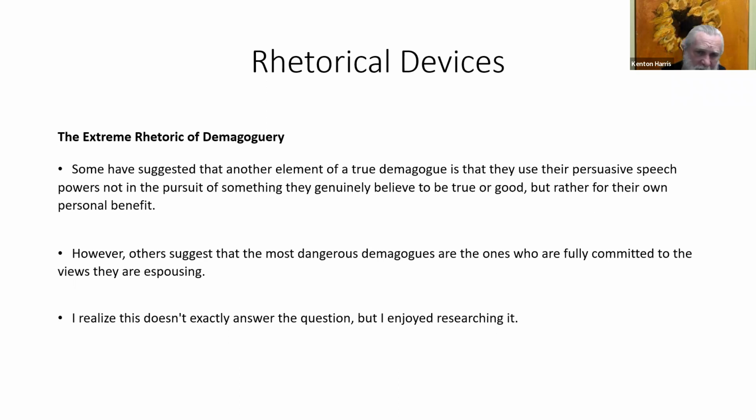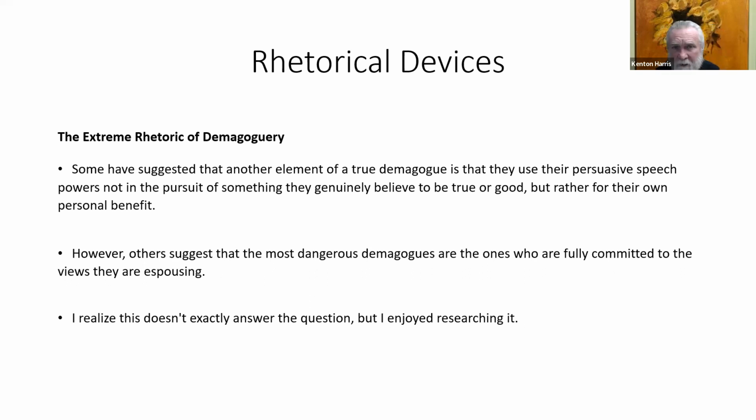Some have suggested that another element of a true demagogue is that they use their persuasive language and powers not in pursuit of something they genuinely believe to be true, but rather for their own personal benefit. However, others have suggested that the most dangerous demagogues are ones who are fully committed to the views they are espousing.